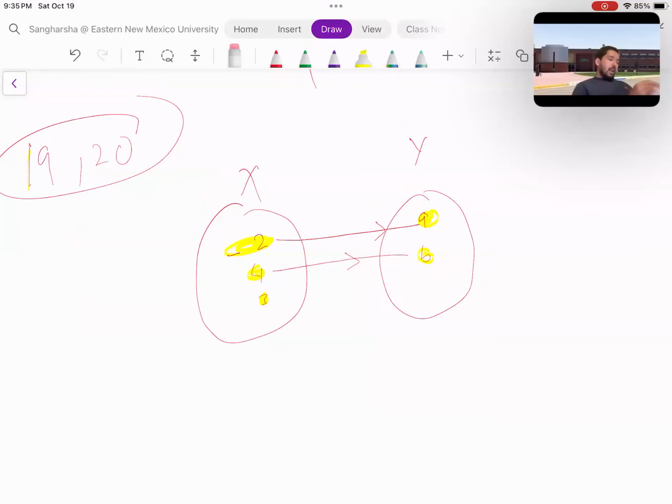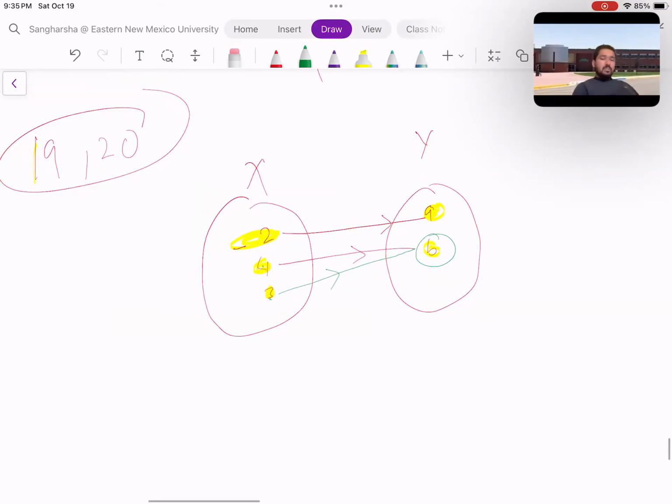If you had 3 corresponding to B, now this is not one-to-one because 4 and 3 have the same output. This is a function, but it is not a one-to-one function. So to be one-to-one, every input of your X has to have a unique output.